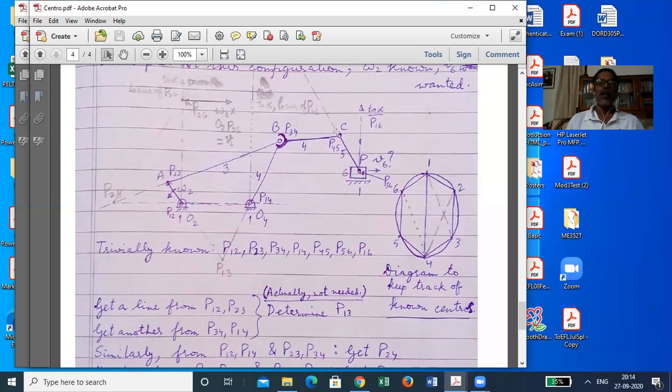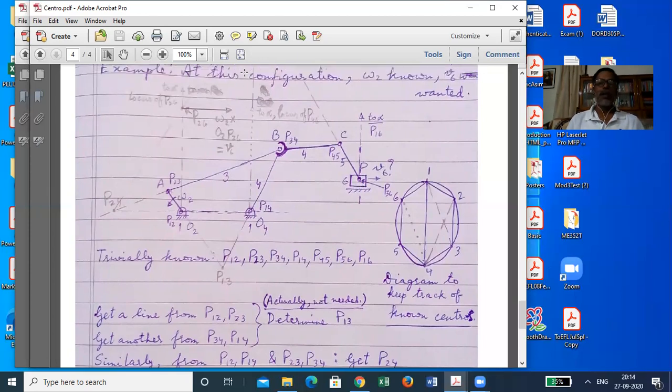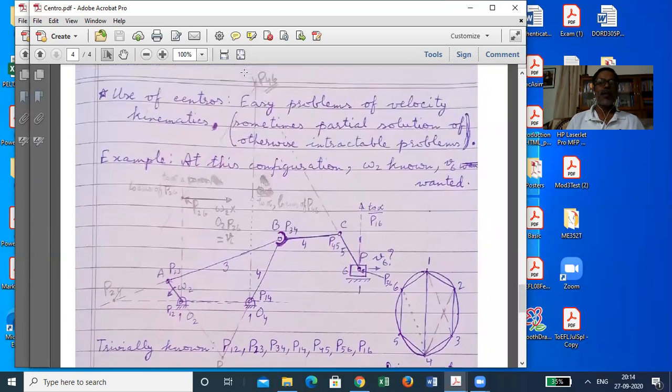So there is one locus for P46 on this line, and another locus for P46 on this line, and where they meet, that is the point P46. So you have got P46. So connect 46 like this at the next generation, next round.